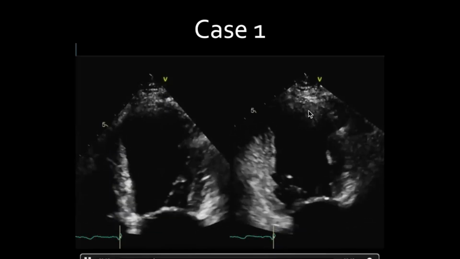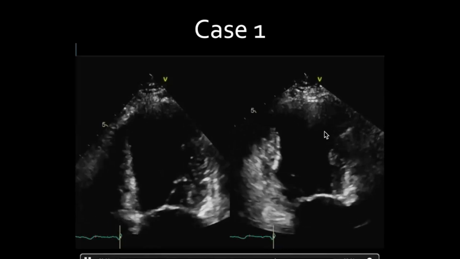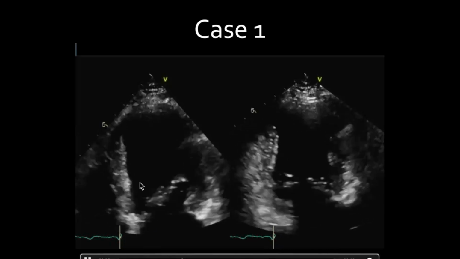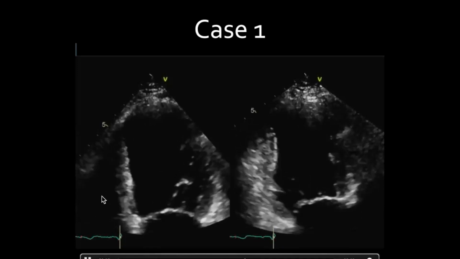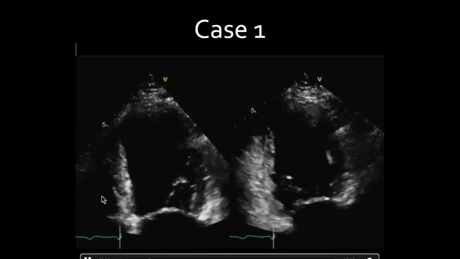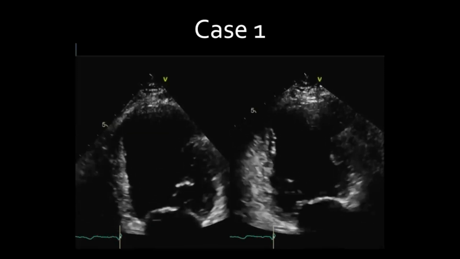The question is, is that a thrombus there, or is that artifact? We certainly do see a lot of artifacts at the LV apex on 2D echocardiography, and that's one of the ways that ultrasound enhancing agents can help us discern whether or not there's a thrombus. So of course we give contrast.